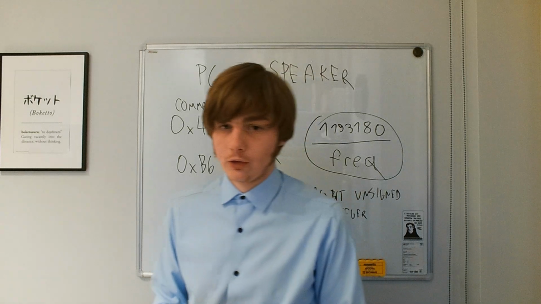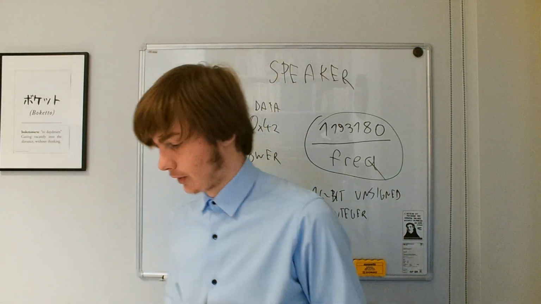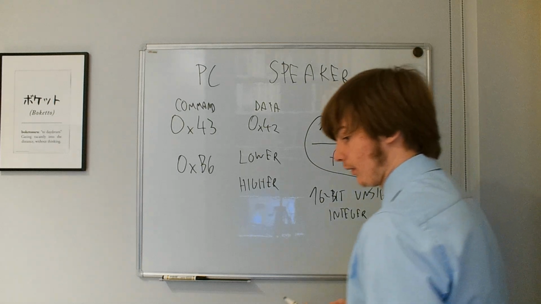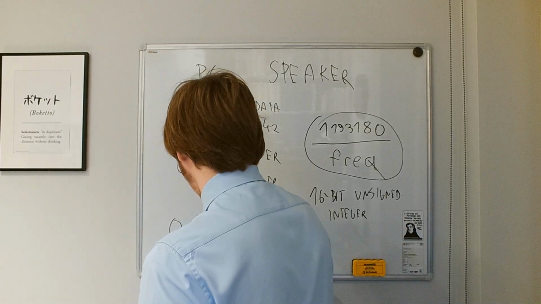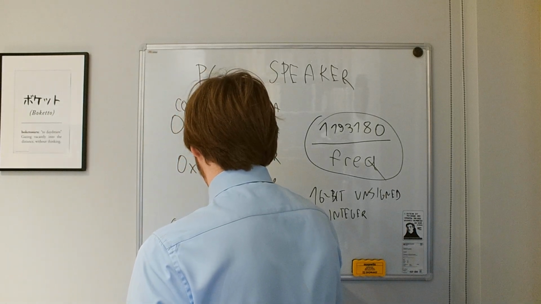Once you're done setting the timer frequency, you can actually instruct the PC speaker to start playing sound. You do this through the port hexadecimal 61. So this is the actual PC speaker.